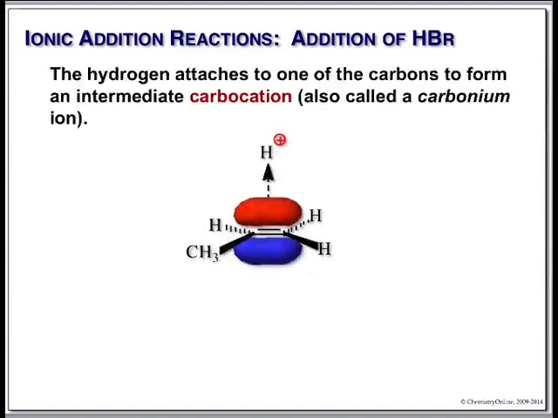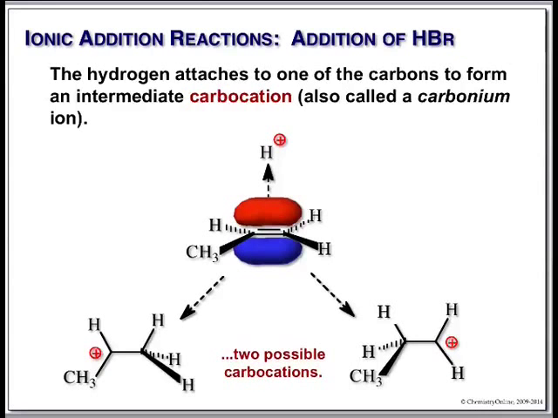There are two possible ways that this intermediate could rearrange. One would be to have the hydrogen slide down to this carbon. Other, the hydrogen would slide down to this carbon. If it slid down to this carbon, this would now be a CH2, CH3. We put the proton here.